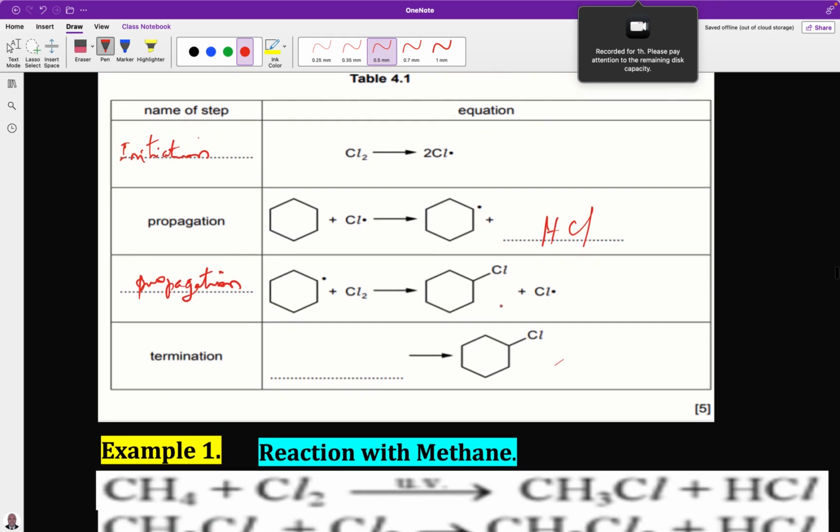Now, what about the termination stage? What happens to give this? Two free radicals must react here to produce this chlorohexane. In this case, there are two free radicals: a free radical of the chlorine and a free radical of the hexane.